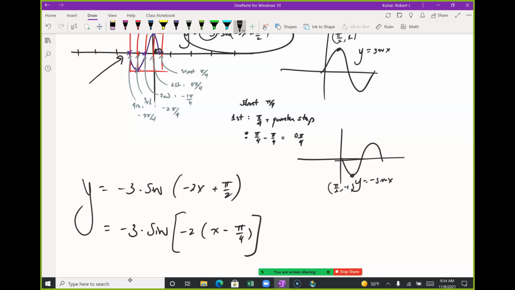I think, and believe me, this is something that students have been struggling with forever. And so I'm just trying to simplify it as much as I can to just think about A. Just think about B. Just think about the period. Just think about the quarter step. Think about the start. Think about the first step. Think about all the steps. Draw the rectangle.